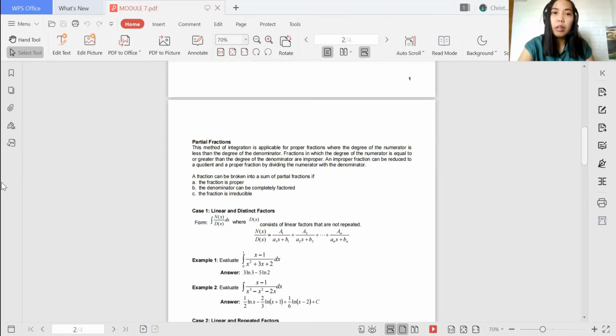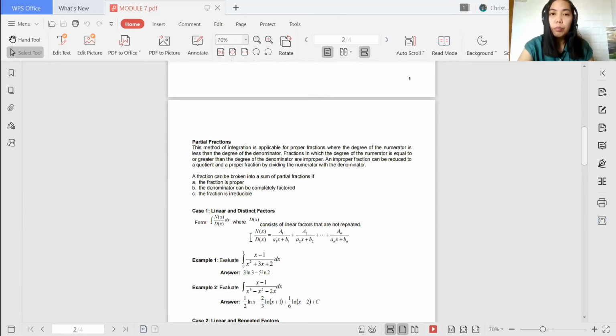So it means that we're going to use case one if the given is linear and the factors are distinct or non-repeated. So the form for case one, the integral of n of x over d of x dx, where d of x consists of linear factors that are not repeated.